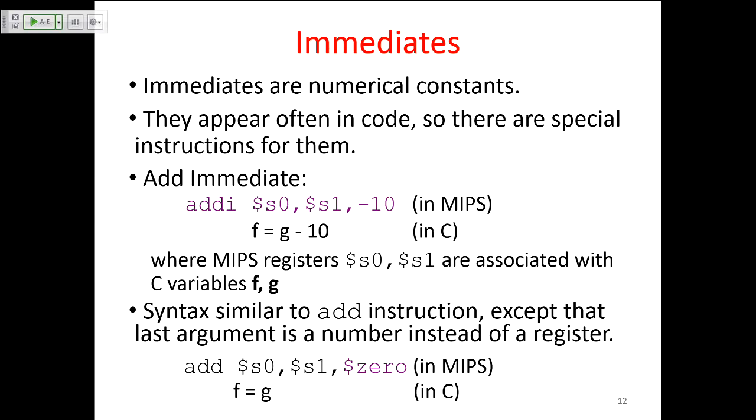We're going to have this register, actually $0, which is your zero register, hardwired to contain all zeros. We're going to call it in this code $0 with 0 in text, just to make sure people don't confuse it with a 0 and S that somebody forgot. So this is going to be a 0 register. In this case, this add really just does the assign of G to F.